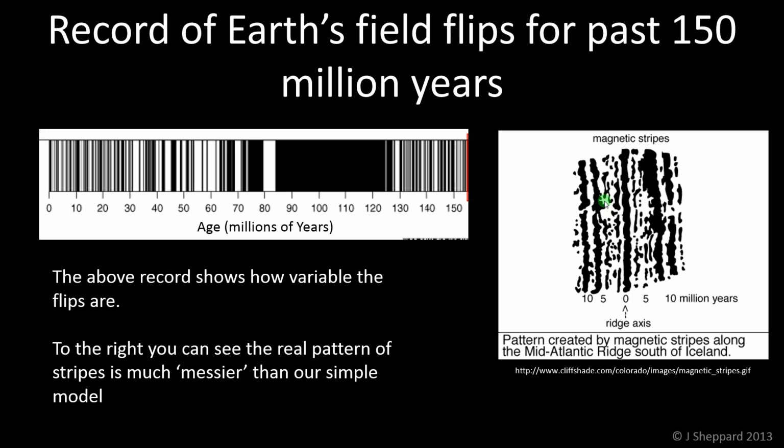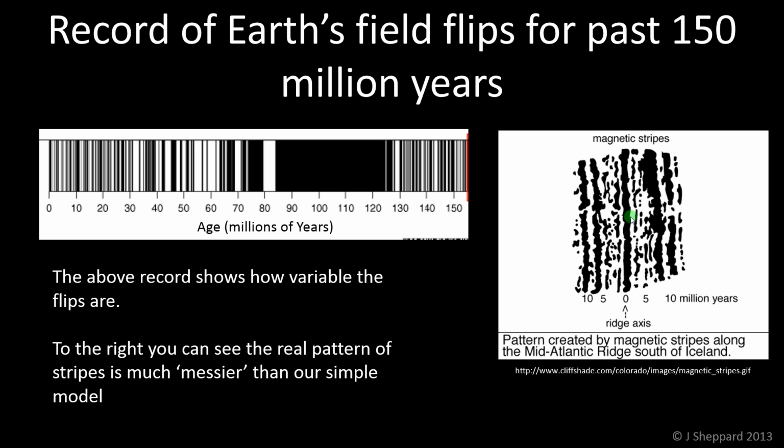But if you look across the whole record, the symmetry is maintained enough that we are confident that the motion of the seafloor and this process of forming magnetic rock is the only thing that can explain this pattern. And so that is clear indirect evidence that the continents are moving.